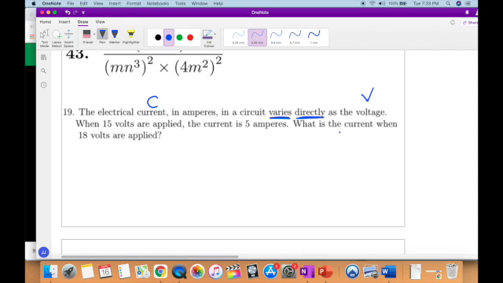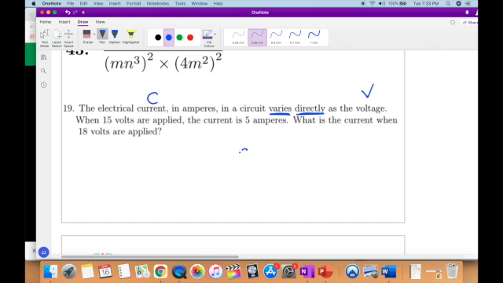Yeah? So that means that the current C is directly proportional to V. That means that if one goes up, the other goes up. So I make my proportionality statement that C is directly proportional to V. And then I add in my constant of proportionality. So C equals the constant of proportionality, K, times V, where K is a constant.